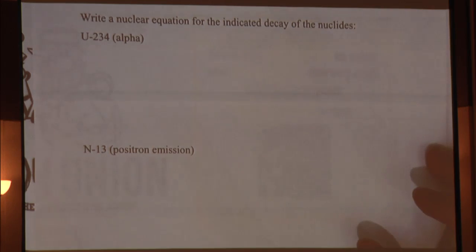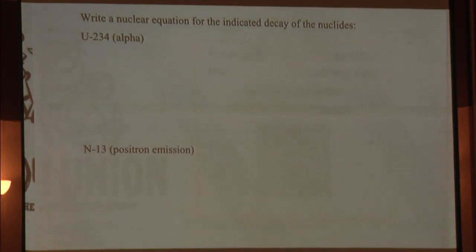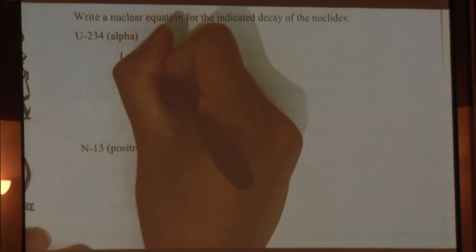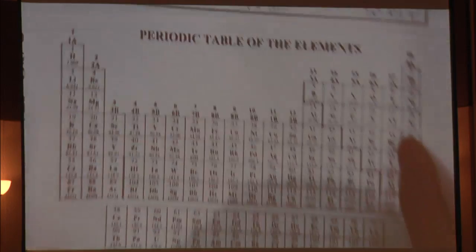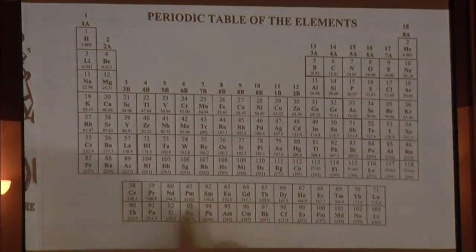Alright, moving into nuclear. We need to write a nuclear equation for the indicated decay of these nuclides. So we have U-234 and we're given an alpha decay. So first we need to write this in a different notation. We have our uranium, and referencing our periodic table, uranium is right here.